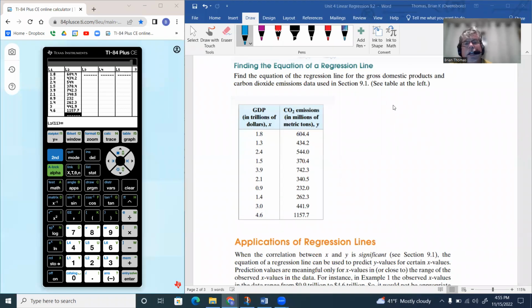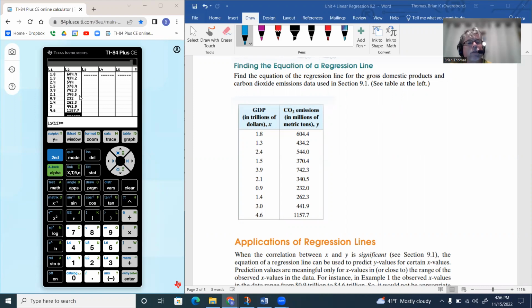So I now have this data entered into the calculator. We have the GDPs in L1 and the CO2 emissions in L2. The question was: is there any kind of correlation between the gross domestic product of countries and how much carbon dioxide emissions they have?